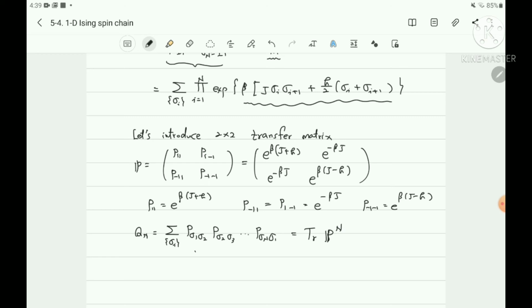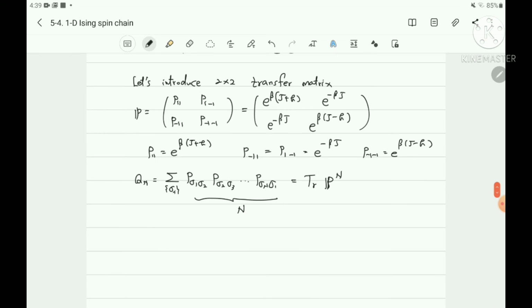There are n terms, it is a degenerate case. Matrix P can be diagonalized in eigenvalues, so we should find the eigenvalues.